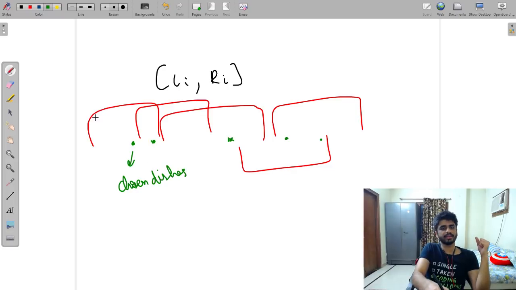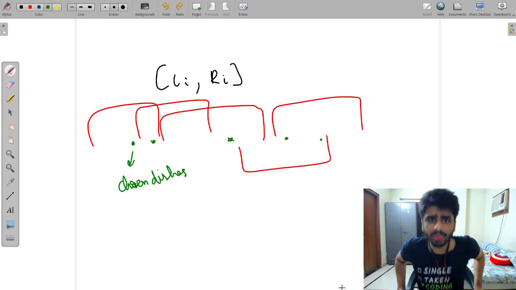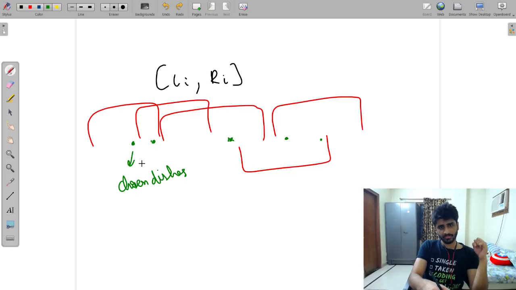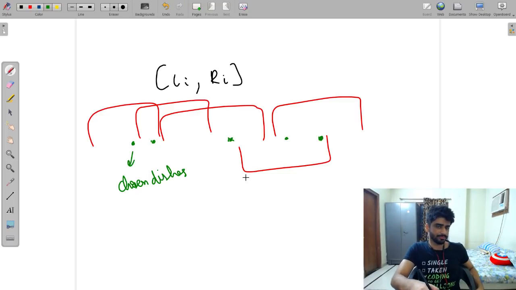If any segment is covering this point, that means that segment can be made equal to this chosen dish. So we want the minimum number of chosen dishes, so we want these chosen points to be minimum. Again, we can use a greedy strategy here.